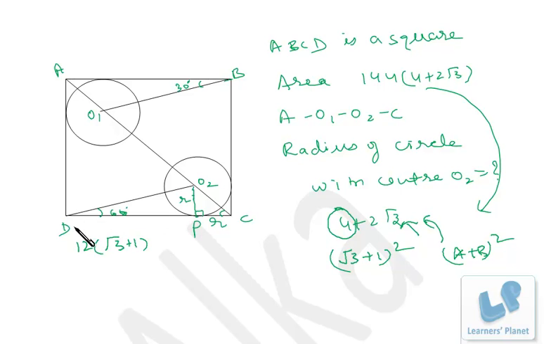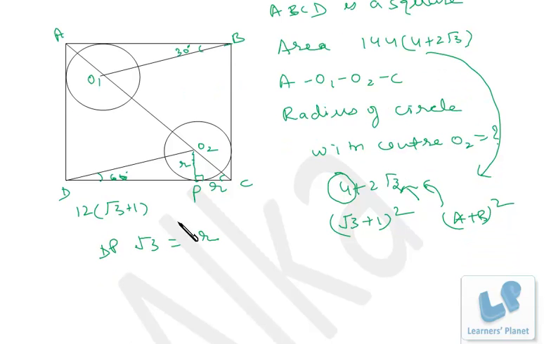The relationship between DP and this O2P is given by tan theta, that is theta is 60 degree over here, and tan 60 degree is root 3. So R by DP is root 3. So R is equal to DP root 3, right? Or we can say DP is equal to R by root 3.